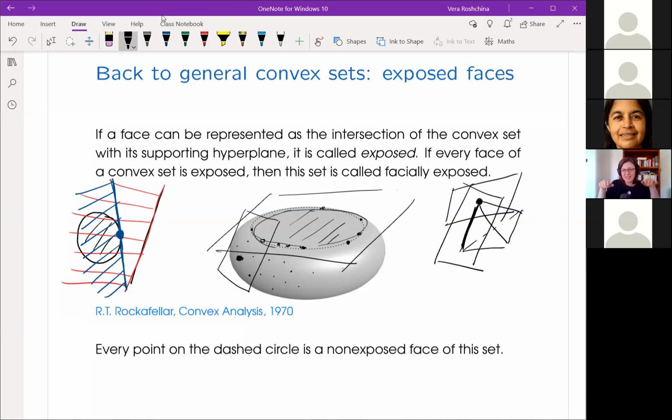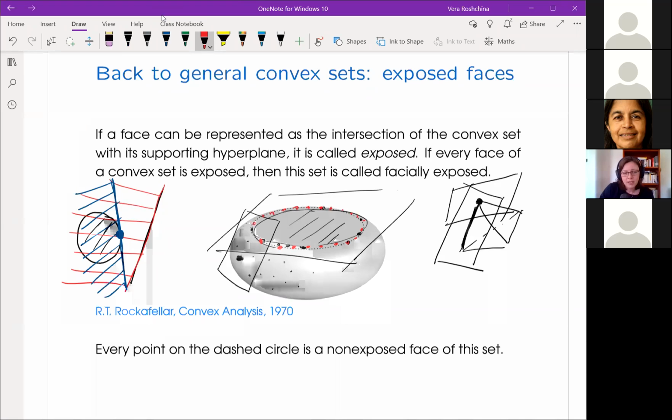So that means that those faces on the boundary of the disk, they're not exposed because you cannot isolate them with a supporting hyperplane, or supporting plane in this case. So those points are not exposed. And that creates certain problems in convex geometry.